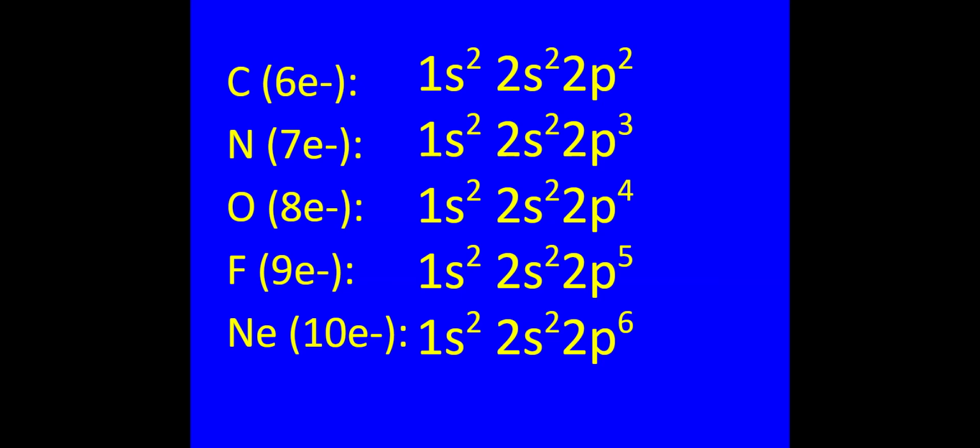Notice this level is now full. Every subshell is full. Every orbital is full. Neon is happy. It is a noble gas. It doesn't want to lose any electrons, and it doesn't want to gain any electrons. It is very non-reactive.